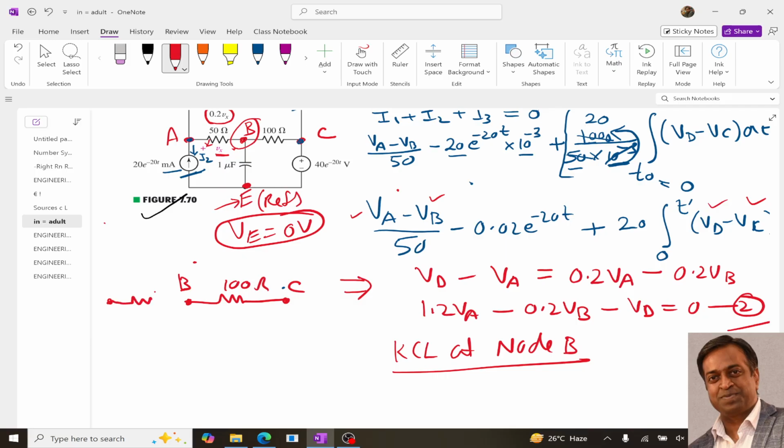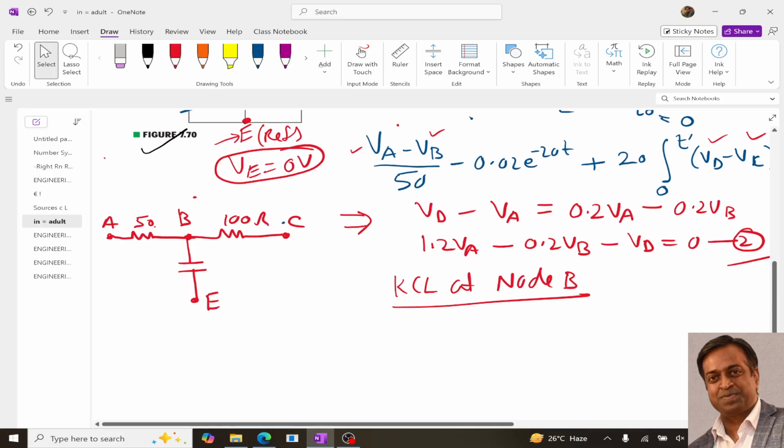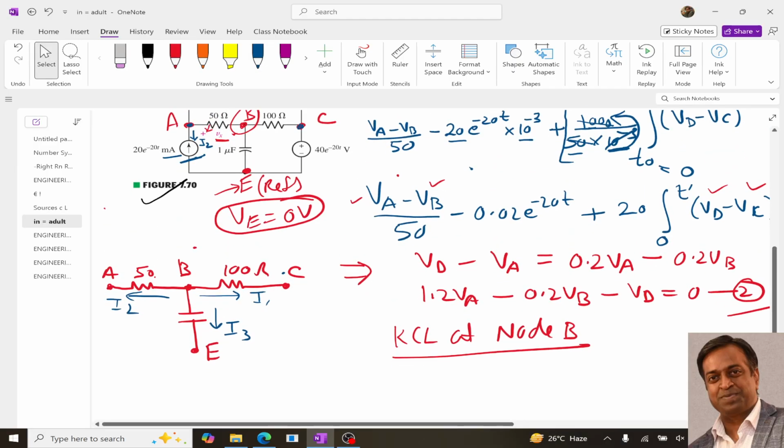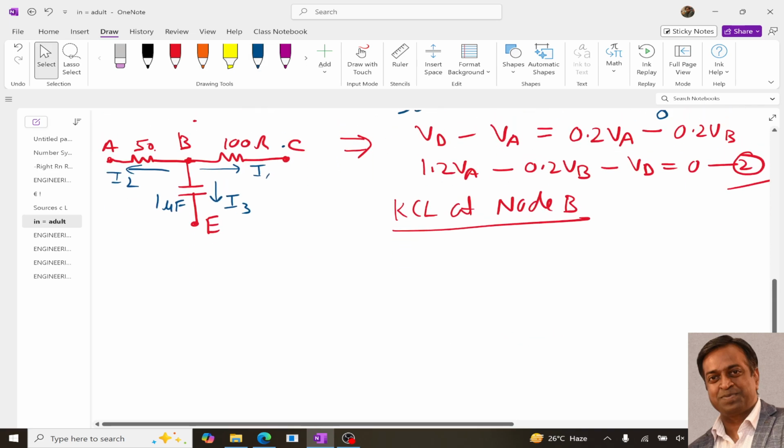One is this, it is 50, and we have one capacitor over here which is connected to the E node. Considering this, we can have 3 currents, I1, I2, I3. The value of the capacitor is 1 microfarad.